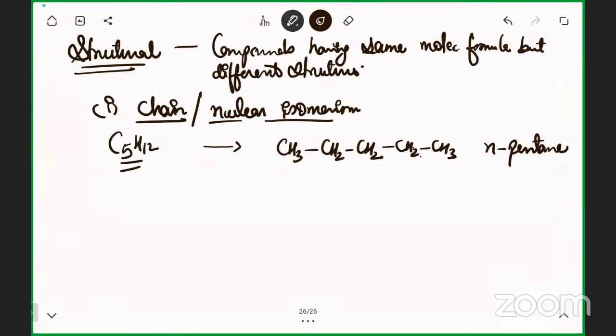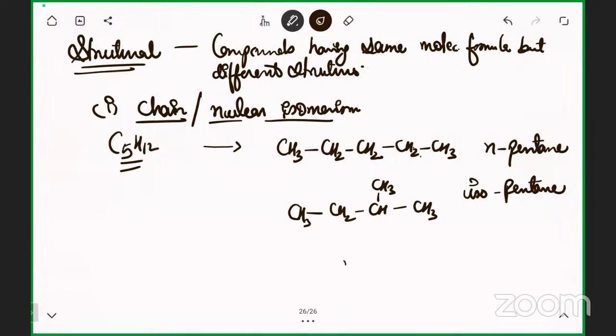What I can do is take any carbon in the middle. So it will be CH3, CH2, CH, and above it I'm taking CH3, then CH3. You can see here also 5 carbons are present and the hydrogens are again the same. If one of the carbons is present above as a side chain, this is known as isopentane.